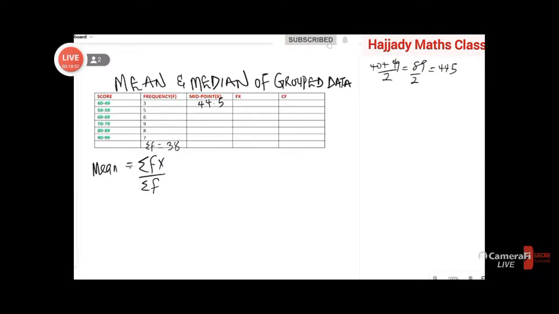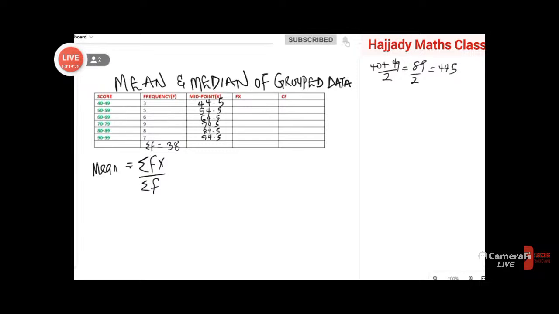Calculating the midpoint for 50 to 59 is going to give us 54.5. This is easy to know, just add 10 to it, since it is at equal interval. The next gives us 64.5, then 74.5, then 84.5, and then 94.5. So that is our midpoint.